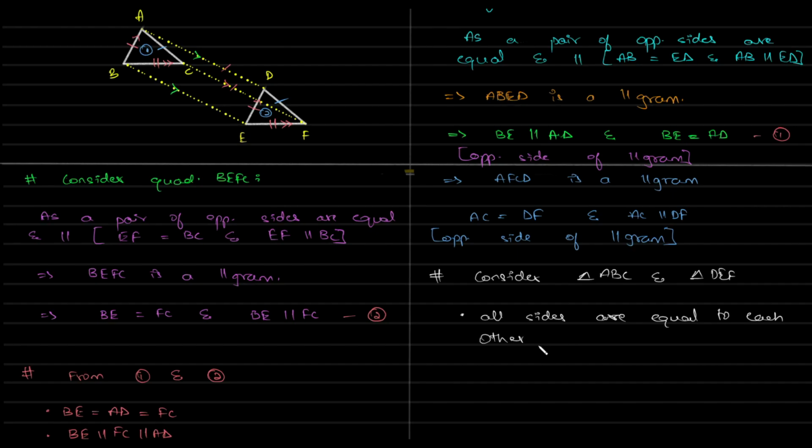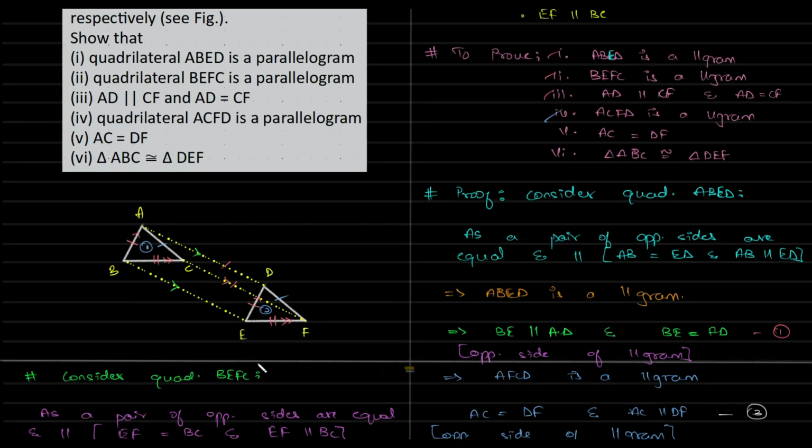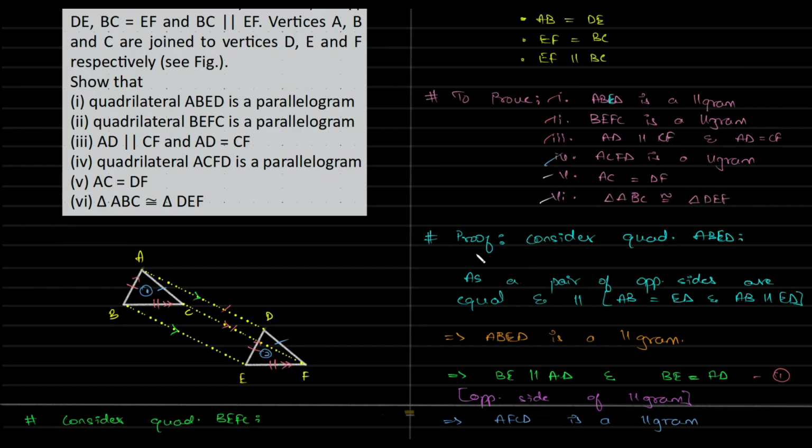It's from the given, and from equation 3 and the third equation. So all this information is telling that all the sides are equal. This implies by SSS triangle ABC is congruent to triangle DEF.